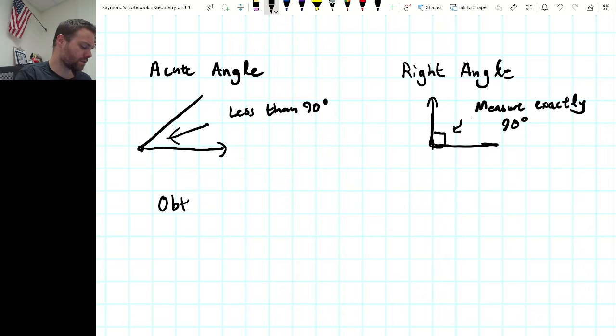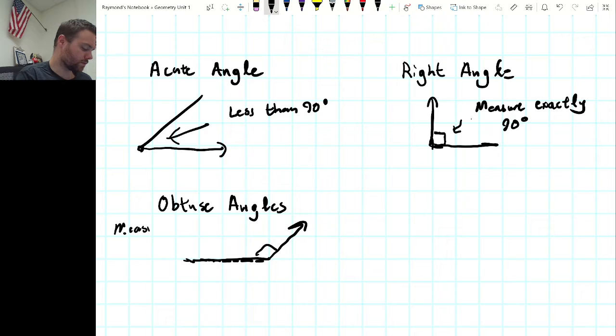For obtuse angles, you'll have something like this. And this measurement will be between 90, so above 90, and 180 degrees.